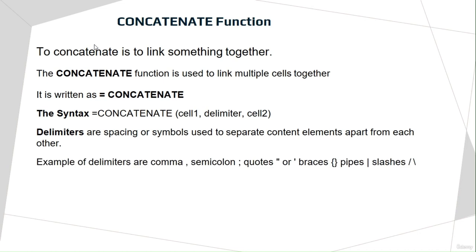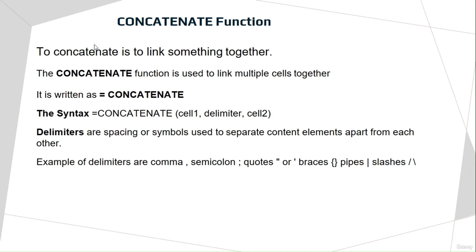Examples of delimiters could be comma, semicolon, quotes, braces. It could be pipes or slashes. So these delimiters could be used to separate the first cell from the second cell.